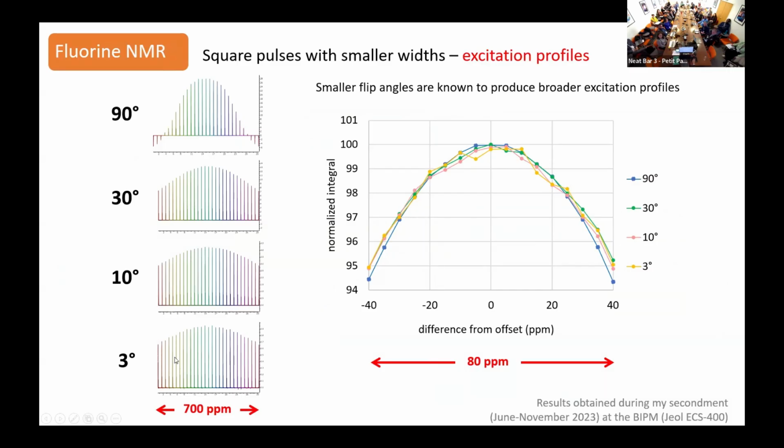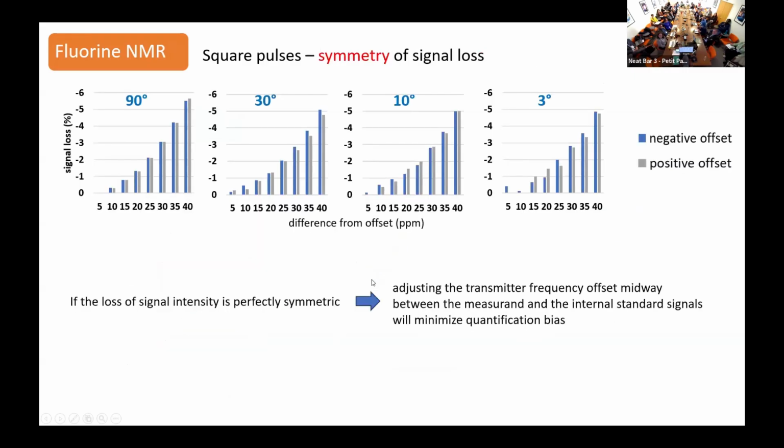It improved. I got a little bit more flat excitation profile. But when we look at 80 ppm, focusing on this region, which is a distance that we usually find for organic analysis, the difference is very small. We can see that the 90 degrees is a little bit more pure than the others, but no big difference.